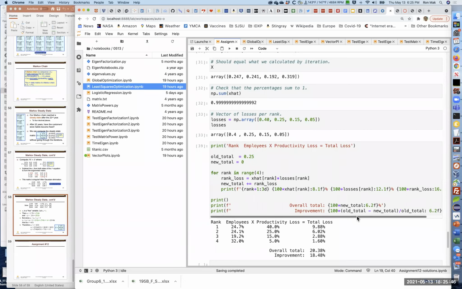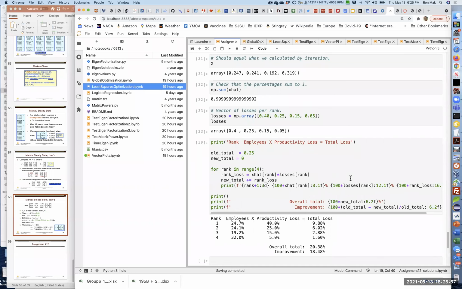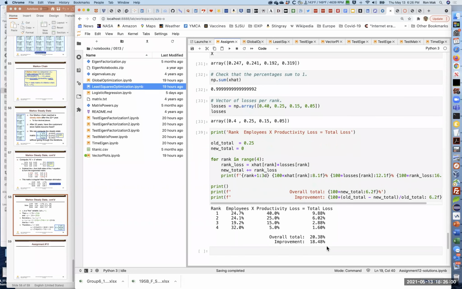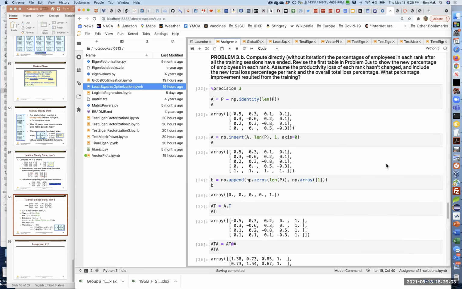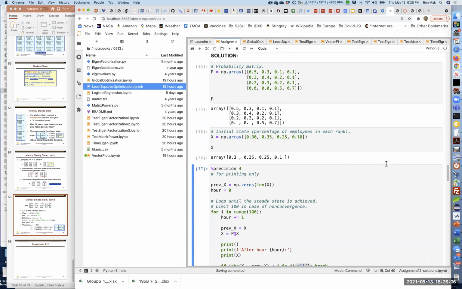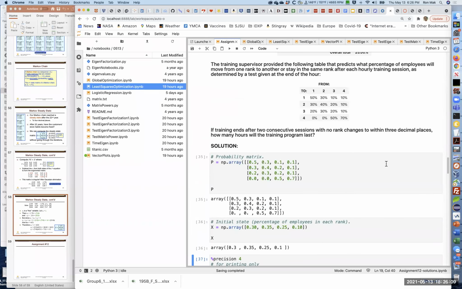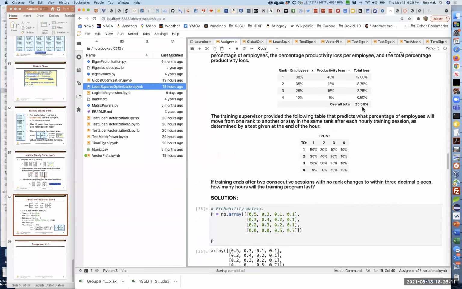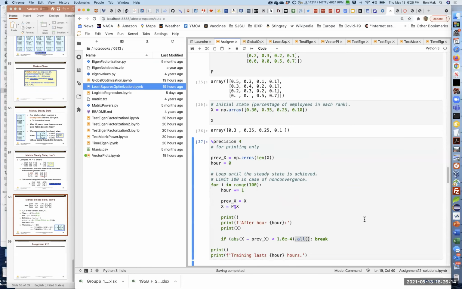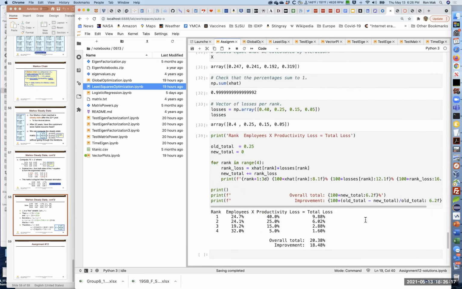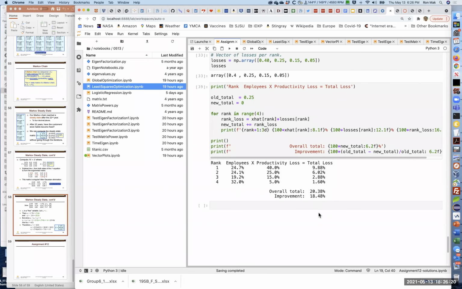The improvement was the old total minus the new total, divided by the old total, so it was 18% better than the old total. The old total was 25% total loss, and after the improvements, it was only 20% total loss. So the improvement was around 18%. That's all that was.